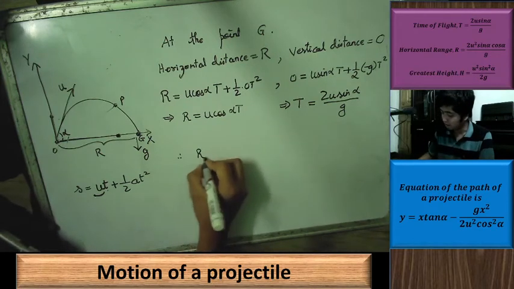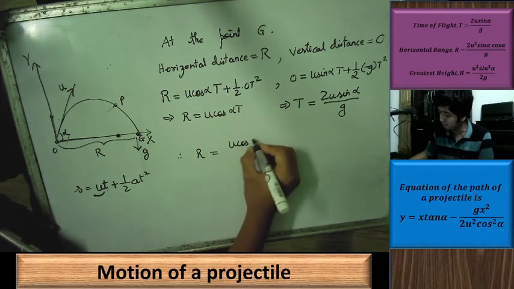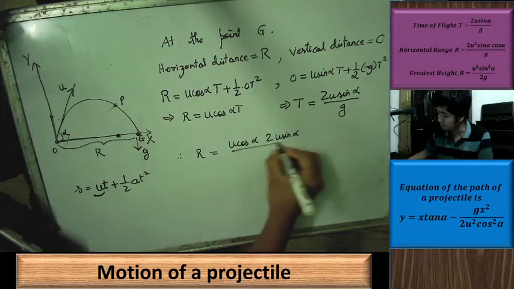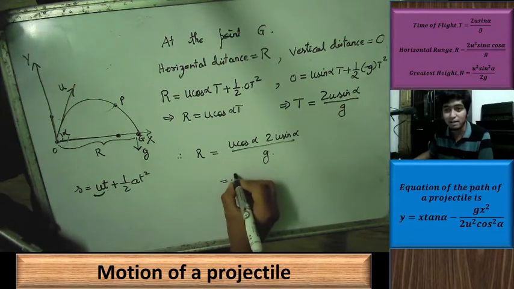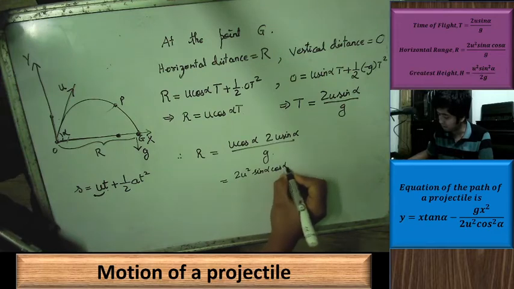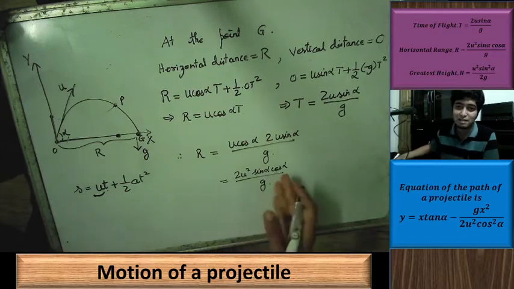Therefore, you can substitute t over here, and you will get u cos alpha times 2u sine alpha upon g, which is the required expression: 2u squared sine alpha cos alpha upon g. So t and R can easily be solved.